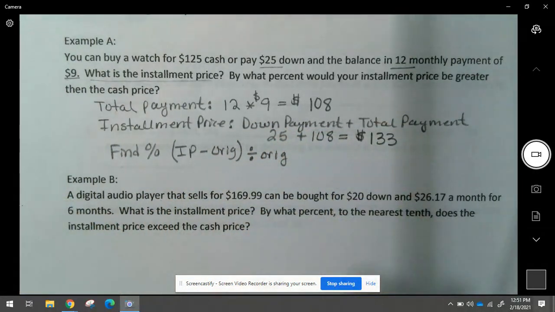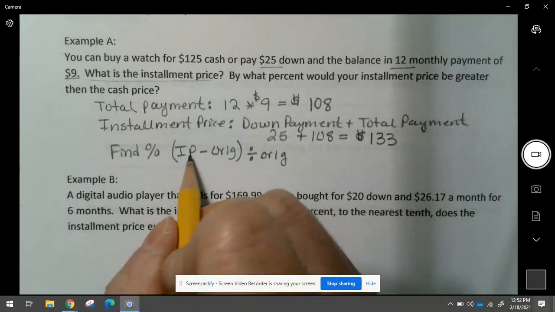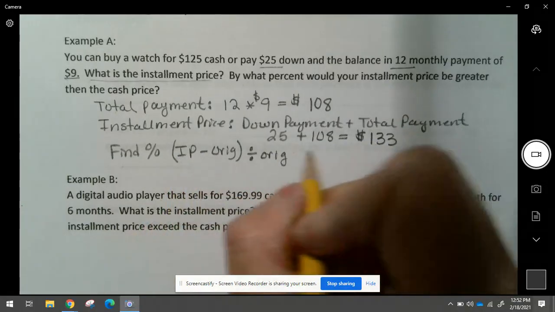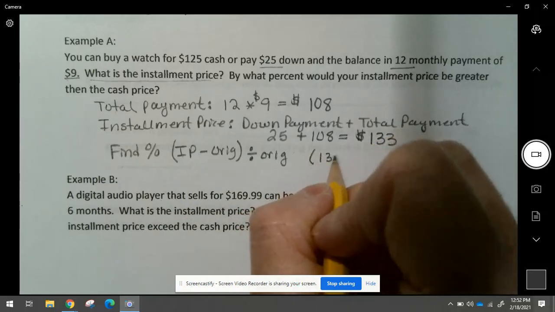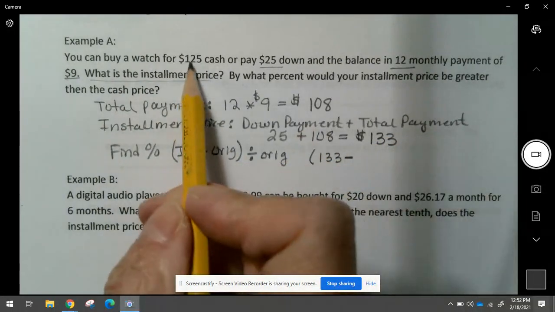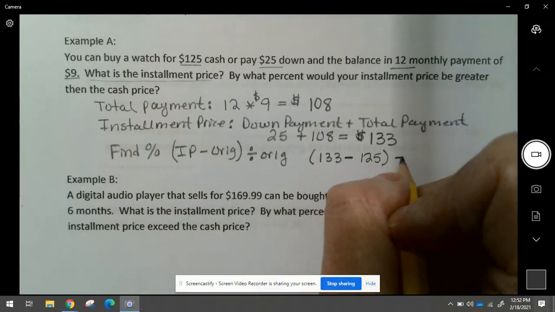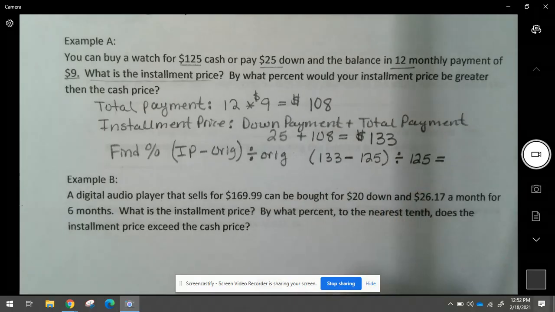This is a percent change, basically, type of problem. So for this one, our initial installment price was $133. We're going to subtract what the original price was, $125, and then divide that by the original price. That's going to give us a decimal.